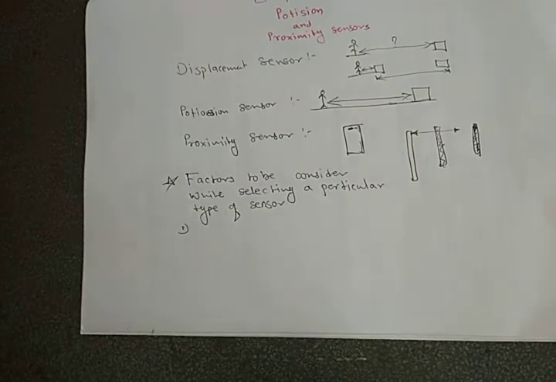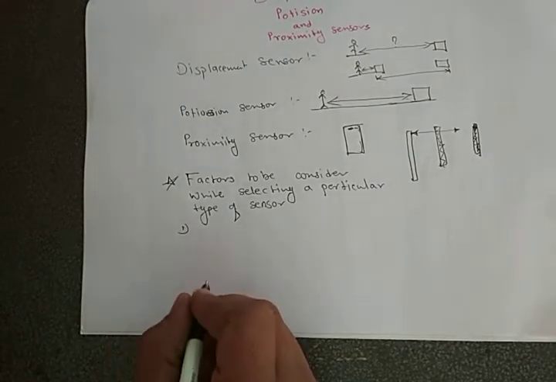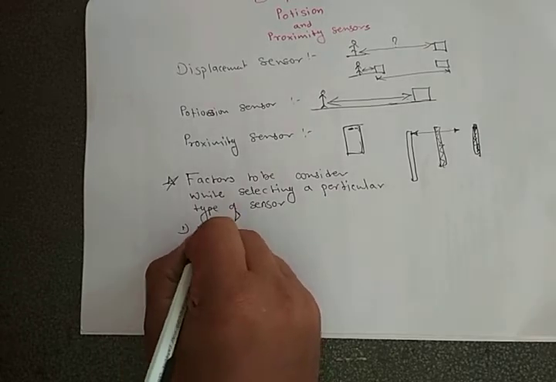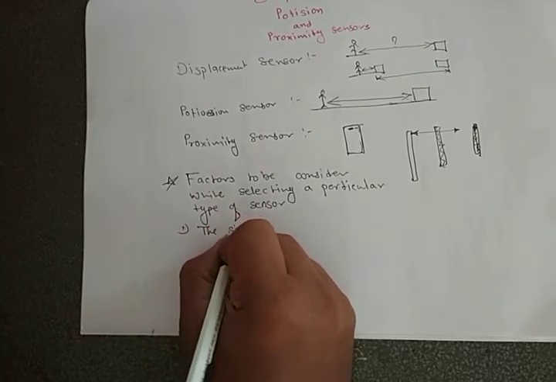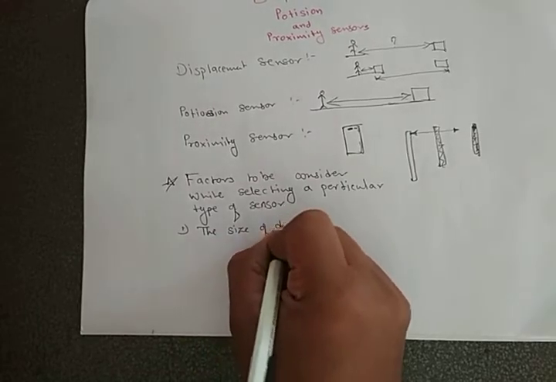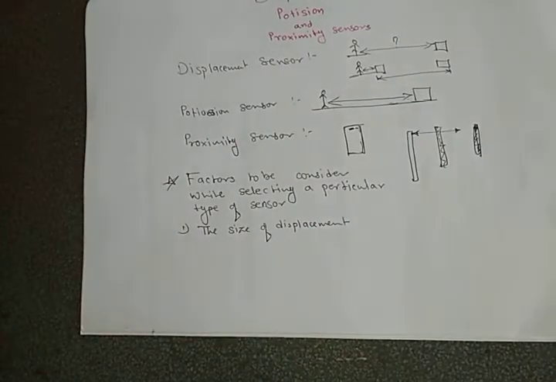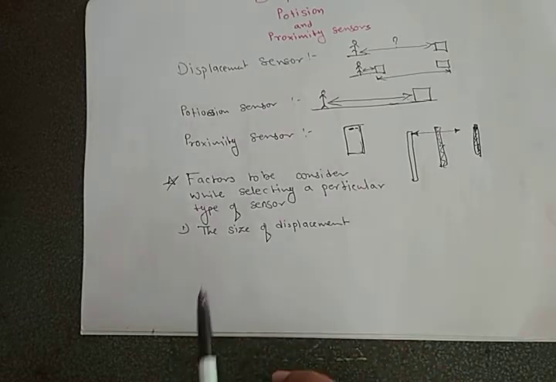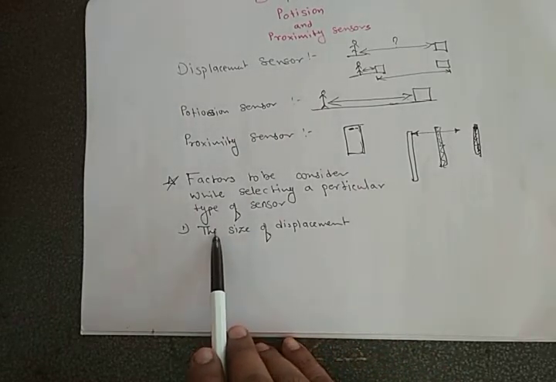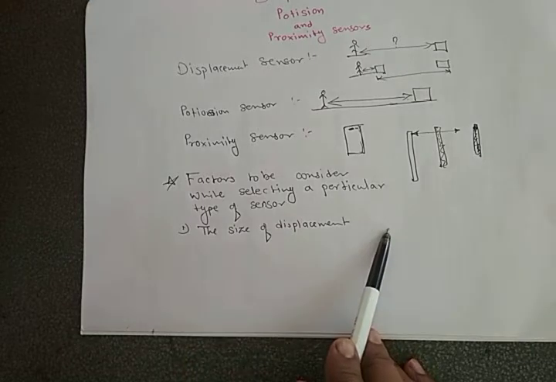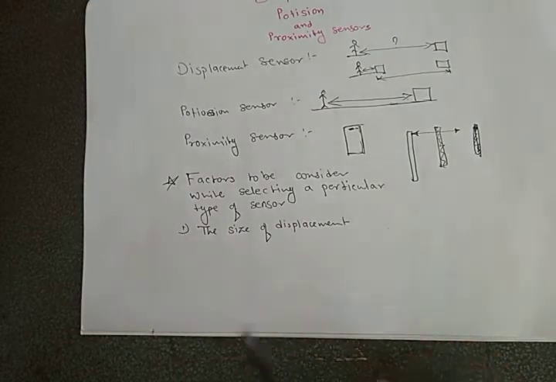Now which factors have to be considered while selecting a particular type of sensor? There are different factors we have to consider. First one is the size of displacement. Depending upon the size of displacement, we have to consider different sensors. If the size is very long, then we have to use a higher grade sensor to measure the long distance.